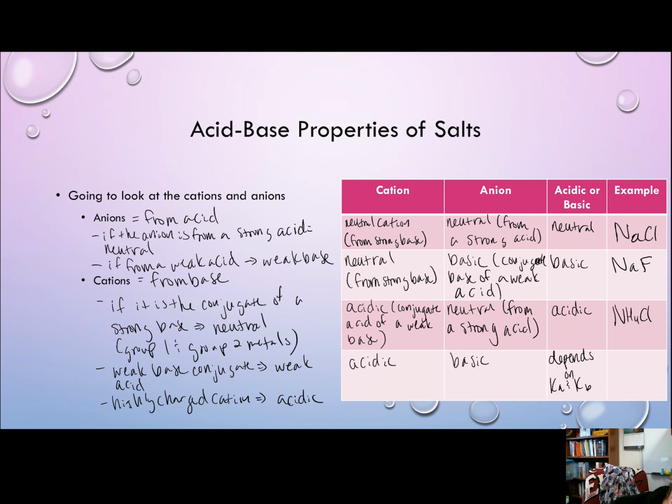Okay, an example of this would be aluminum sulfate. That would be an example of a species that comes from a weak base, aluminum hydroxide, and a weak acid, HSO4 minus, so we would produce a salt that could be basic or acidic.